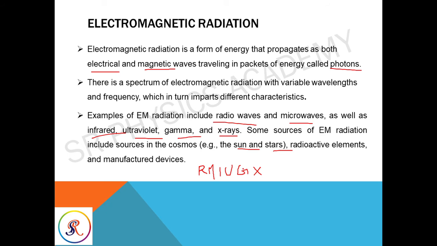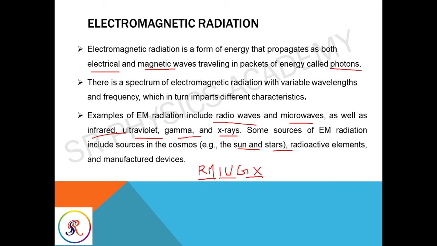Don't write gamma first and micro second or third; the order is according to their wavelength. So RMIUGX. Is that clear now?